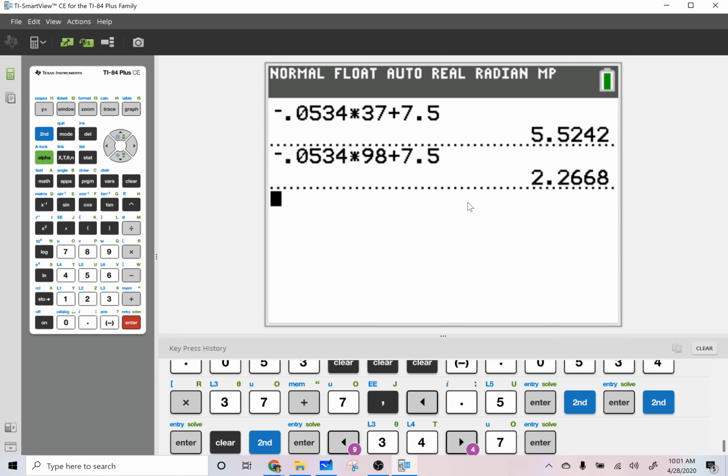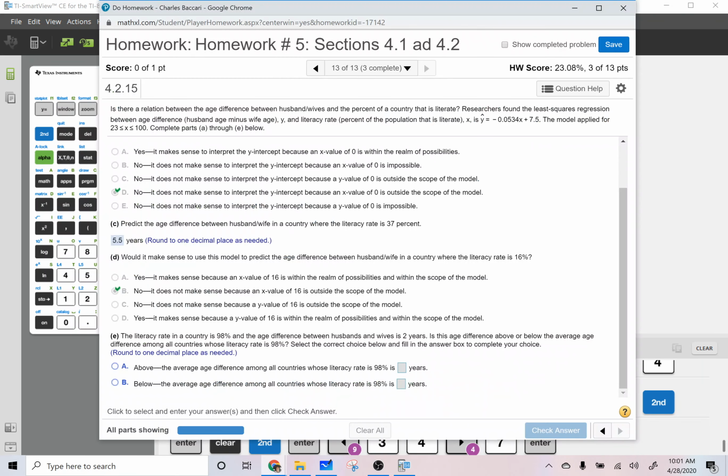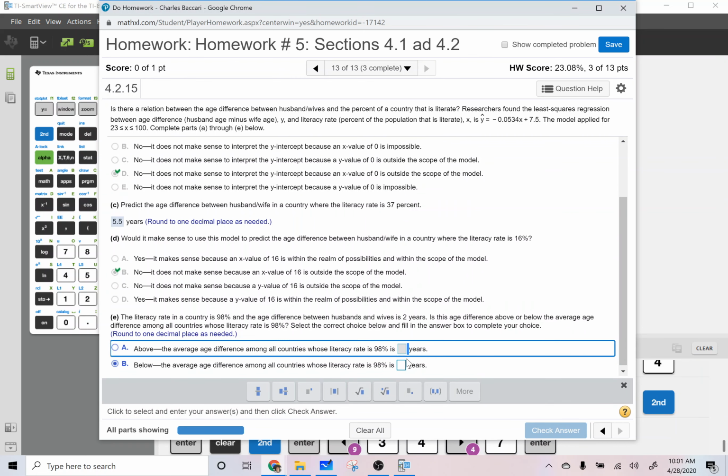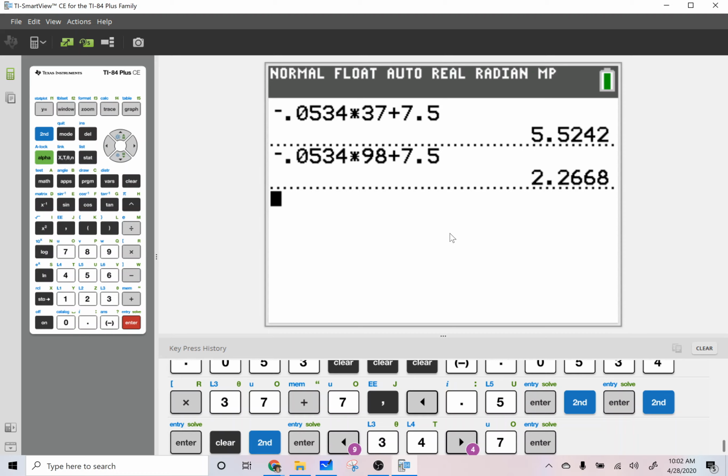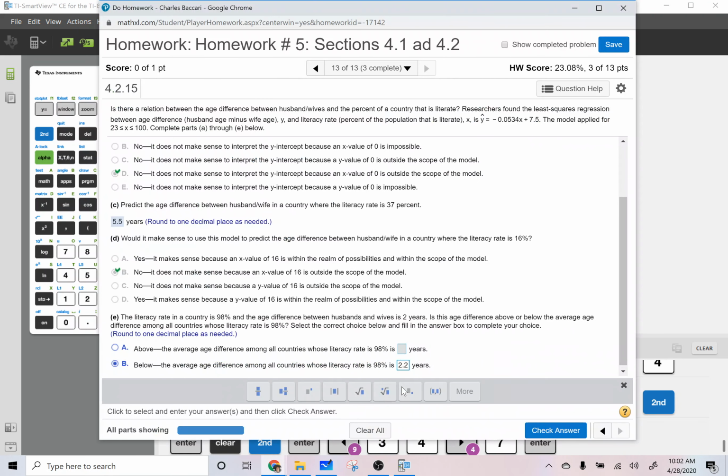That's 2.26 or 2.3. So if this is 2 years, that's below the average. The average is 2.3, sorry.